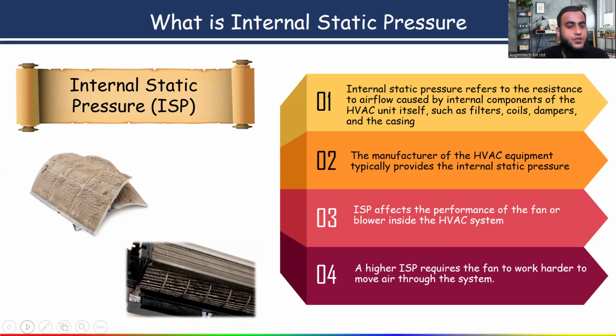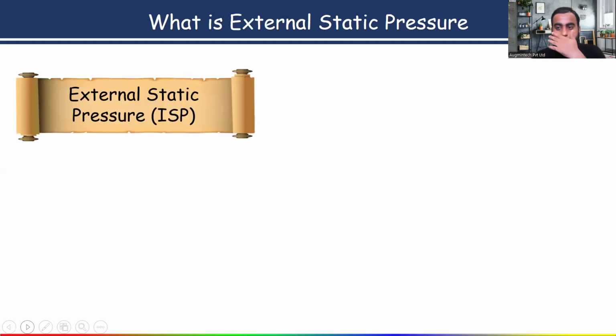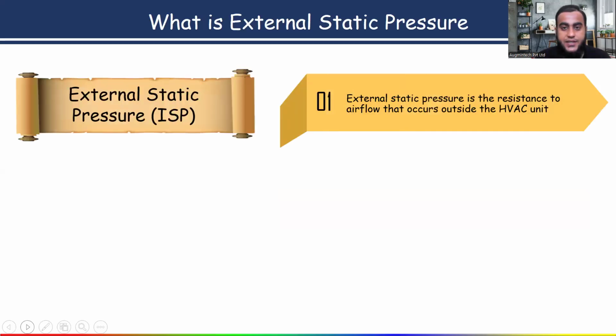Our main target is to calculate the external. So let's see what external static pressure actually is and why we have to calculate it. In short, external static pressure is the resistance to airflow that occurs outside the HVAC unit.